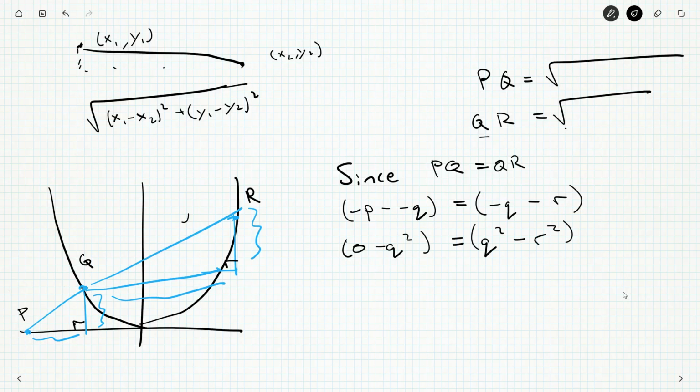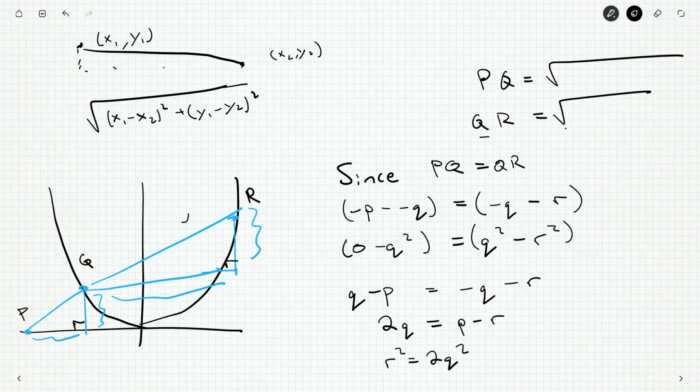Well, the first one turns into Q minus P is equal to negative Q minus R. We could do 2Q is equal to P minus R. I guess that's some information. What else could we do? R squared is equal to 2Q squared. That's information.